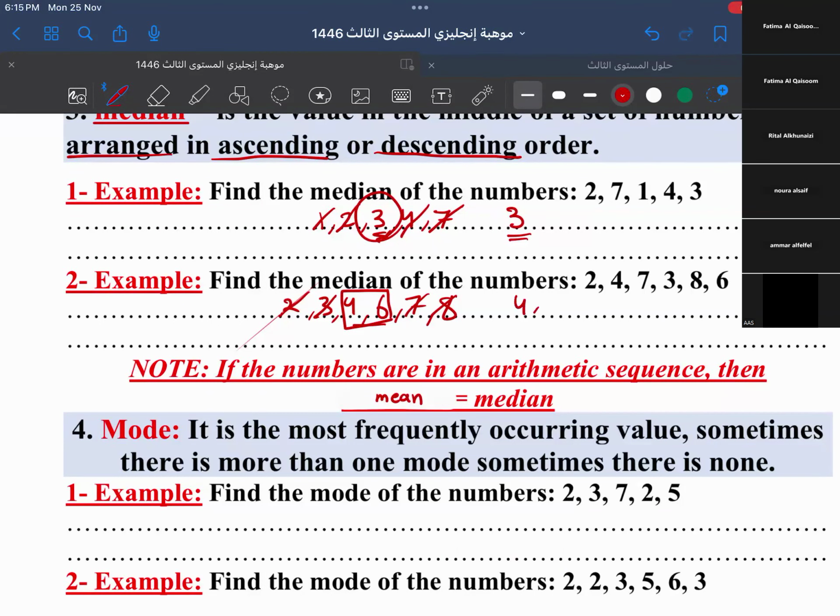So as you said, 4 plus 6 over 2 equals 5. So if I have a sequence where in the middle there are two numbers, I take the average of them, and now I have the median, which is 5. Okay, so is that clear?